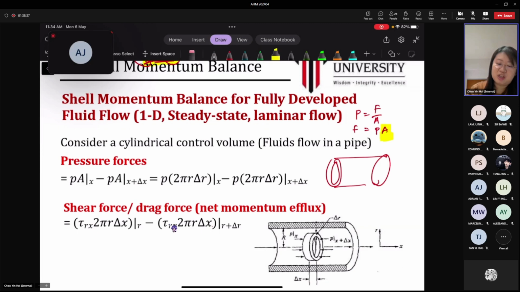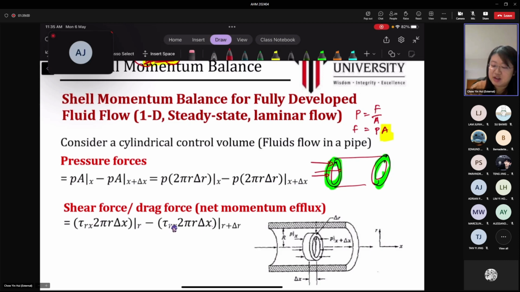Which is what I keep drawing just now. This would be the cross-sectional area. If you still couldn't visualize it, I'll show you during tutorial. The cross-sectional area at which the pressure force acts is this ring here.